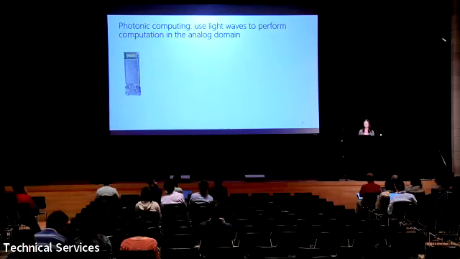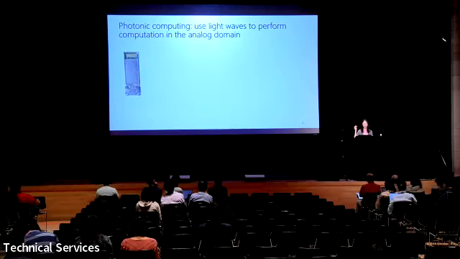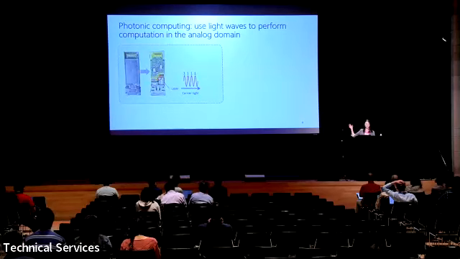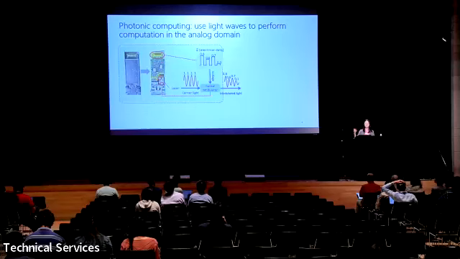here's an example of photonic vector multiplication. This is a commercial optical transceiver for optical communication. If you open up this transceiver, you will find a laser, which is used to generate the light source. And there's another device called an optical modulator, which translates the input electrical data into the intensity of the modulated light.